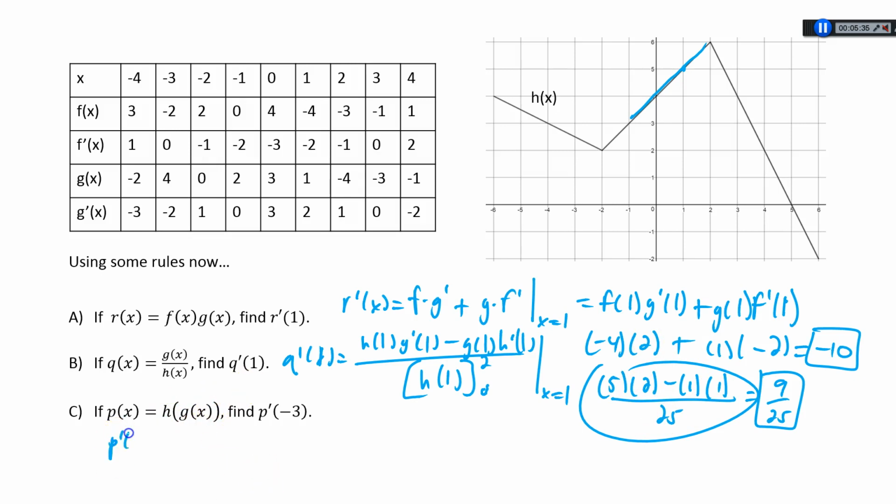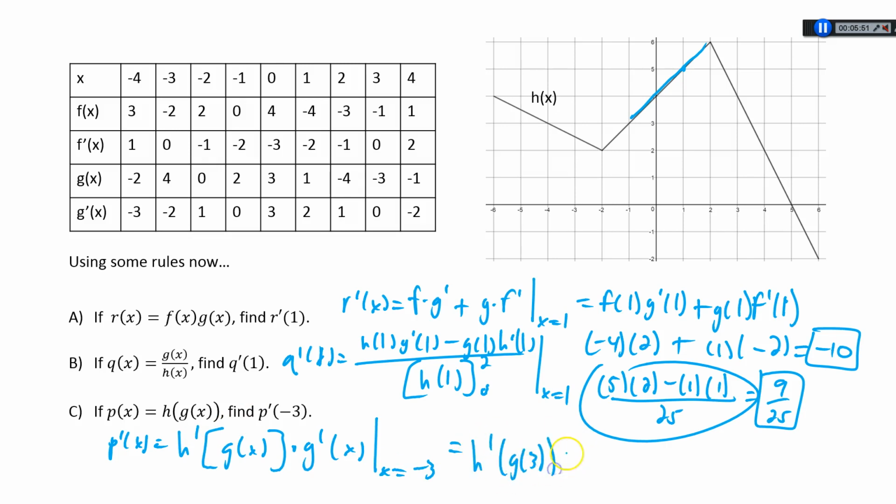So first let's find p prime of x. p prime of x is going to be h prime at, leave g of x alone, and then multiply by the derivative of the baby function, which is g prime of x. So we're going to evaluate that at x equals -3. So h prime of g of -3 times g prime of -3.